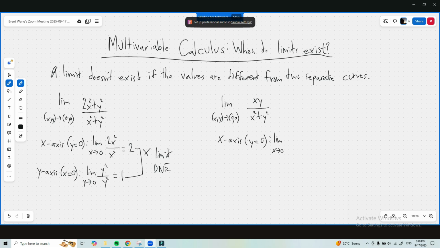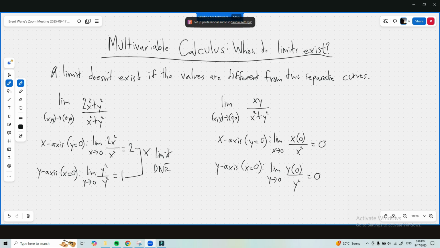Then you'd have x times 0 over x squared. This is clearly 0. Y-axis, x equals 0, limit as y goes to 0. Y times 0 over y squared is equal to 0.